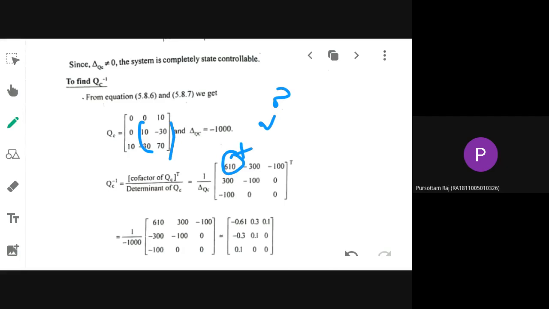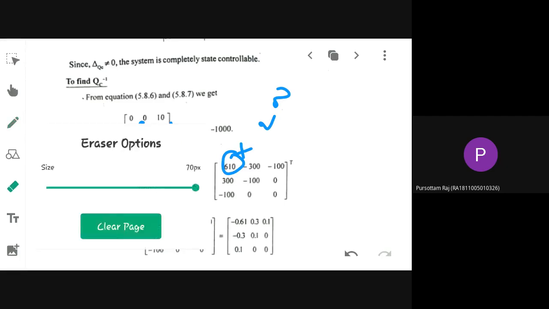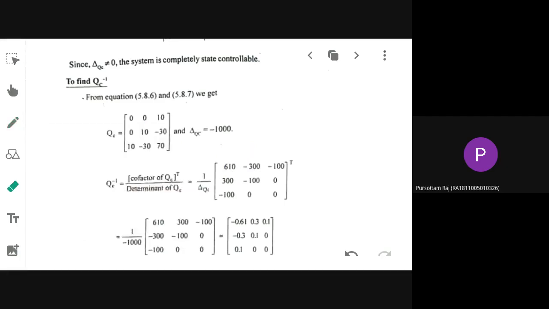Next, for each and every element, for 0 you will be finding the cofactors, so the adjoint by this. It will be 700, I think, minus 900 or something. So 200 you will get here. Like that you have to frame all the cofactors.